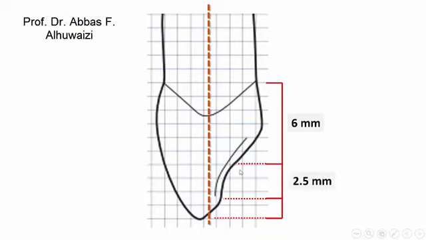Then there's a concavity which is about 2.5 millimeters in height, ending at the beginning of the incisal ridge, which is about 1.5 millimeters.